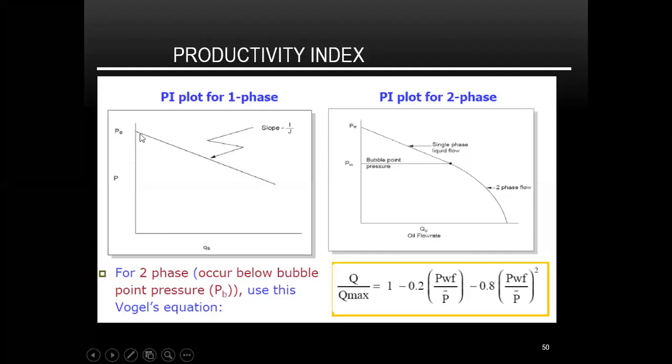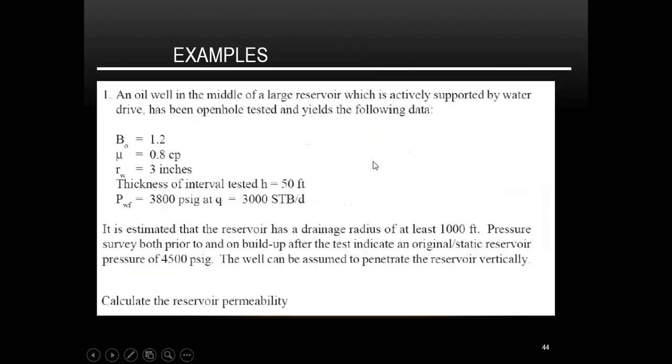This is the incompressible fluid when you have only a single fluid, which is, let's say, oil. But when you have the two-phase fluid, with gas, like a compressible fluid, in that case the IPR looks like this one. It changes after the bubble point. Until the bubble point, as you see, it's a straight line. But after the bubble point, it changes. Okay. Yes, thank you.